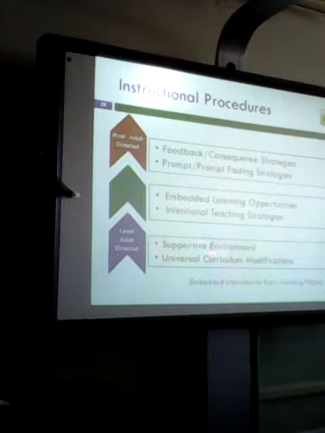So we're looking at our supportive environment and universal curriculum modifications. So really thinking about that continuum of supports and prompts that you're putting in place in order to instruct and teach those skills.